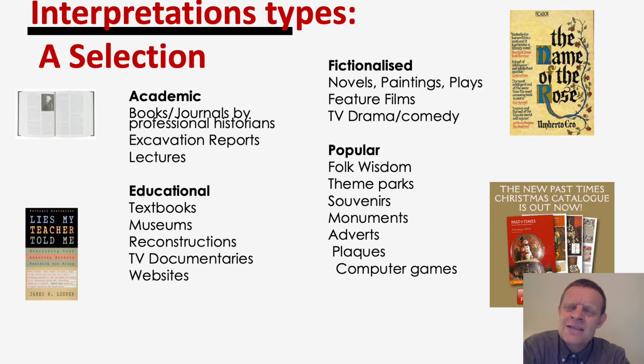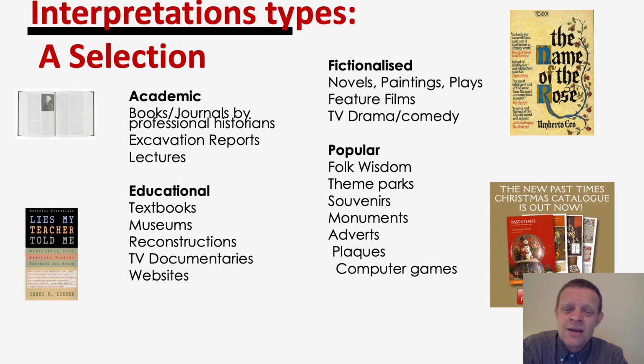We can look at paintings as long as they're reflecting on an event that happened quite a long time after it was painted. We can look at plays. We can take feature films. We can take TV drama, TV comedy. In the past, Blackadder has been a hugely popular interpretation to use. We could look at theme parks or souvenirs or monuments as well.